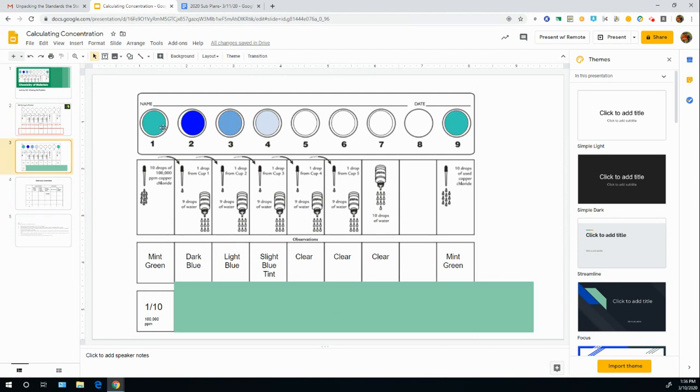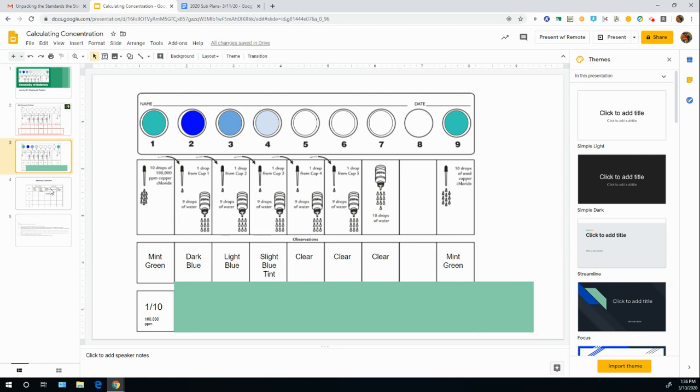Okay, I believe that when you finished, your results should have looked similar to what you see on this slide. In cup number 1, you should have found a mint green colored solution. As I mentioned, this particular substance that was in cup 1 was 100,000 parts per million. In other words, 100,000 over 1 million.